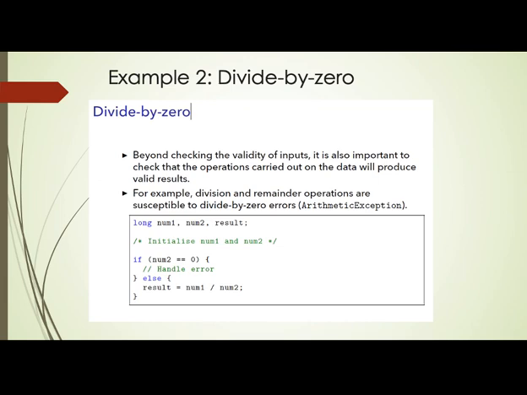The second example is a very common error when you try to divide by 0. Obviously that's not possible. So assuming you've safely read in the next number and you want to divide by it, and it turns out it's 0, now what do you do?